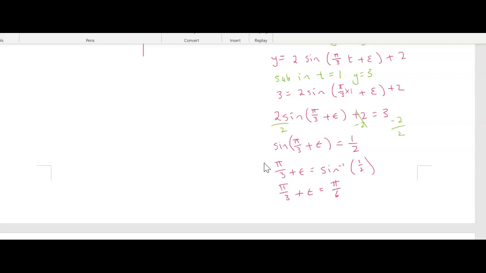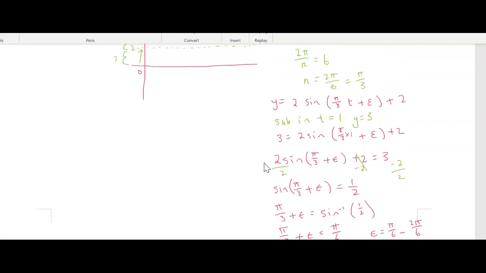All right, and I'm going to finish that off here. So epsilon equals pi on 6 minus pi on 3. So let's just change that to be the same denominator. So 2 pi on 6 is the same as pi on 3. So e is equal to negative pi on 6. So a bit of working out there.